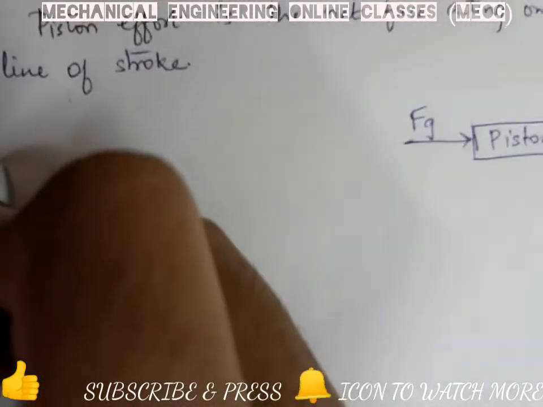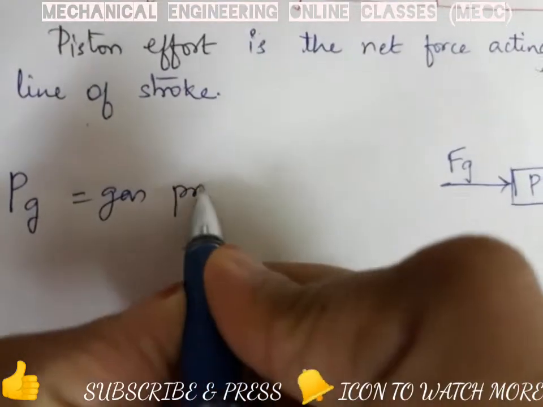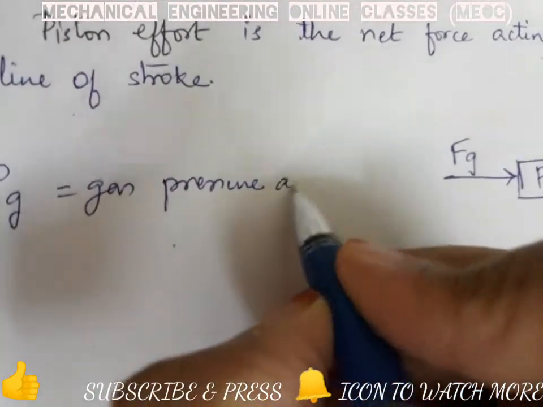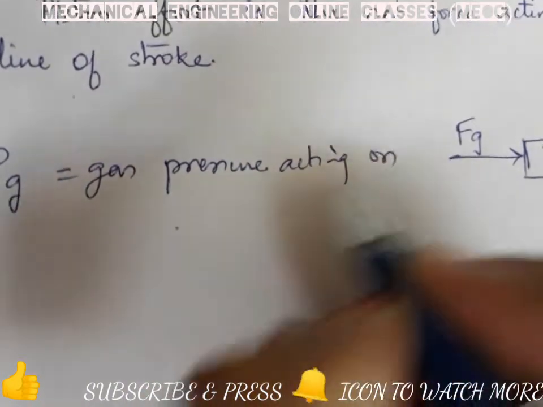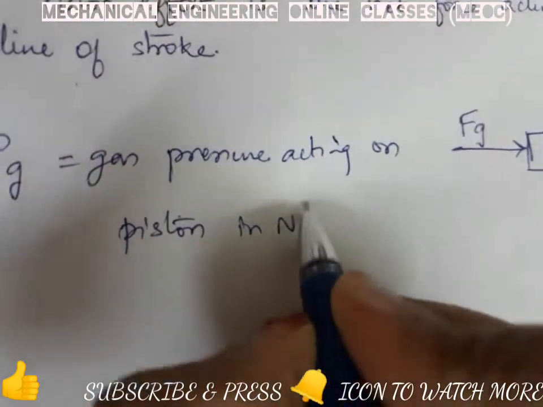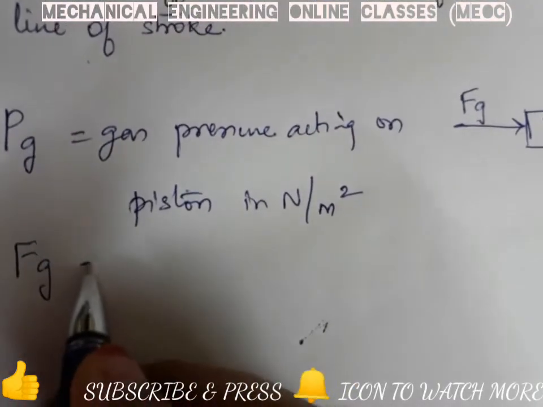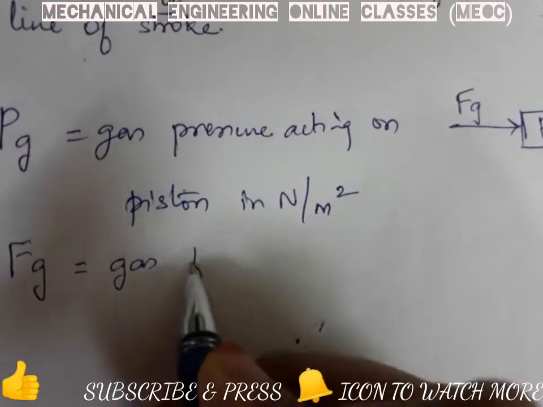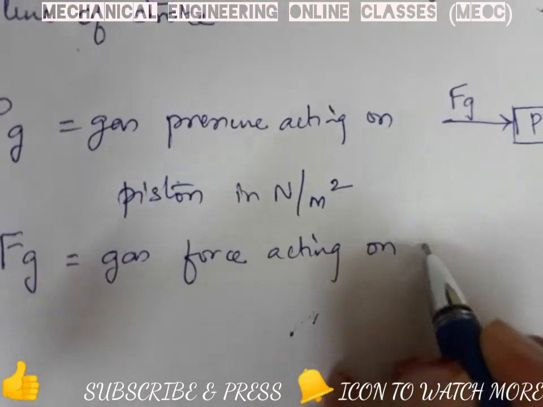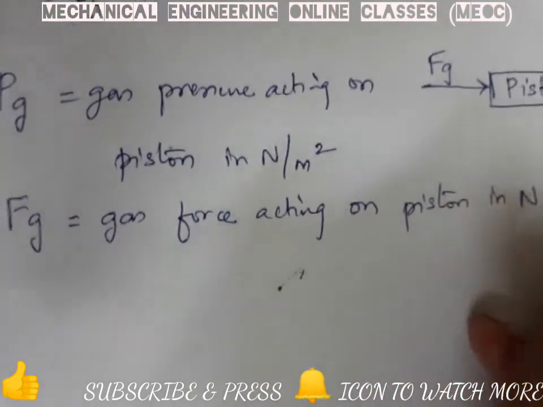So let Pg be the gas pressure that is acting on the piston, taken in Newton per meter square, and Fg is the gas force acting on piston, taken in newtons.